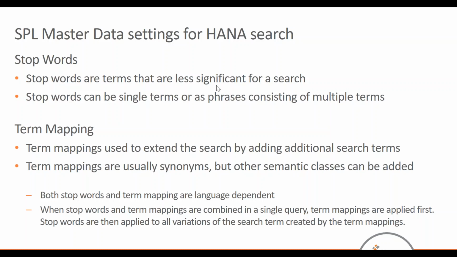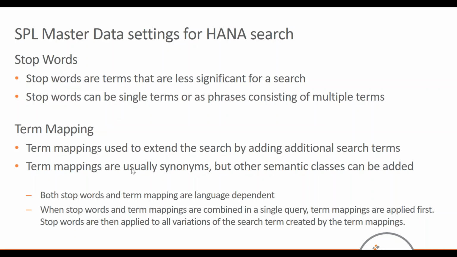This setting is similar to the excluded term setting which we have in the classic GTS. For example, we used to add words like limited or AG, LLP, LLC. All these excluded words you can add in this stop word table. Term mappings are additional terms used to extend the search, and they are similar to the alias setting which we had in our classic GTS search.